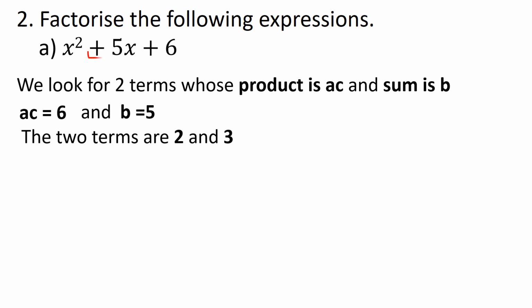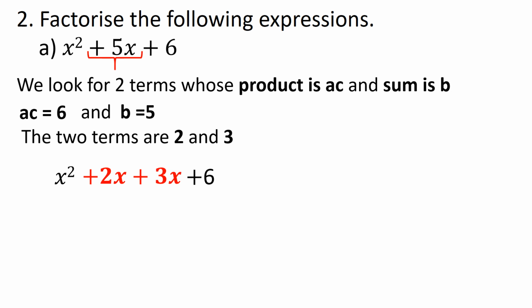So where we have plus 5x, we can now substitute with positive 2x plus 3x, because 2x plus 3x is the same as 5x. Then we write x squared and 6 to complete our expression.